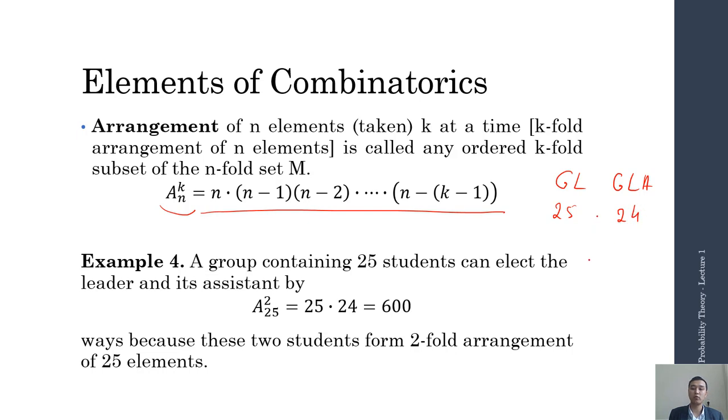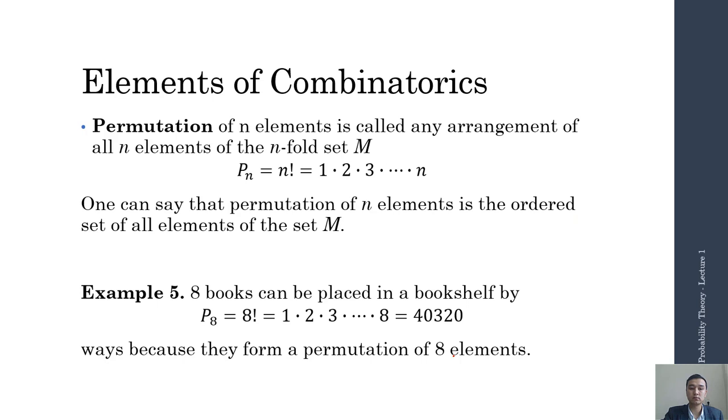If we multiply them, we find the total ways of electing the group leader and assistant. In combinatorics, we call this a twofold arrangement of 25 elements.